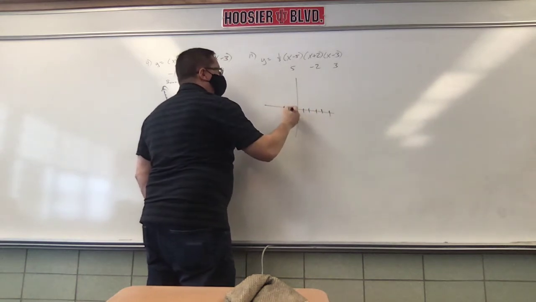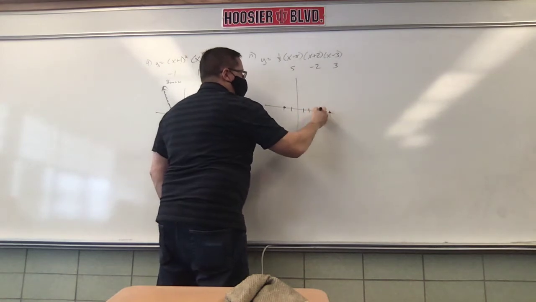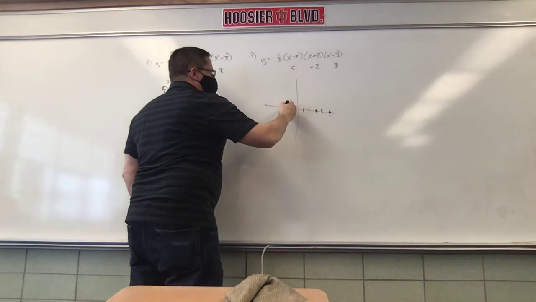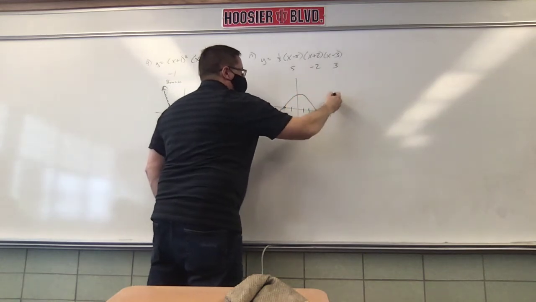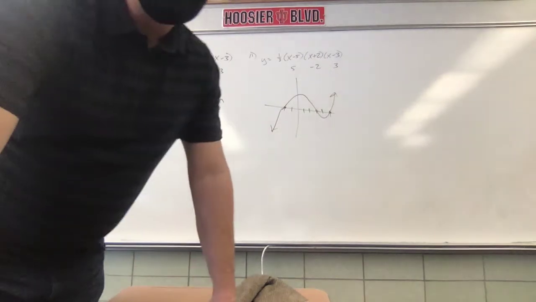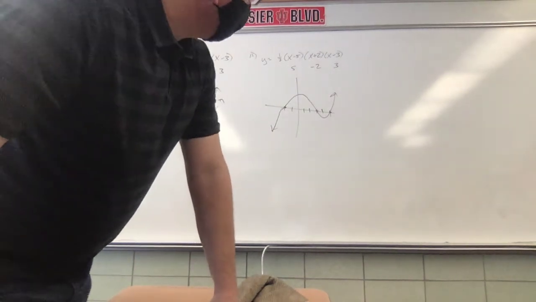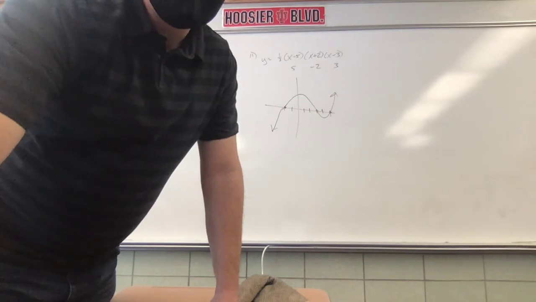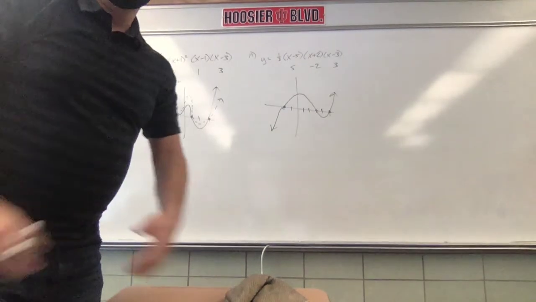So at -2, +3, and +5, it goes up, doesn't bounce, and goes down.